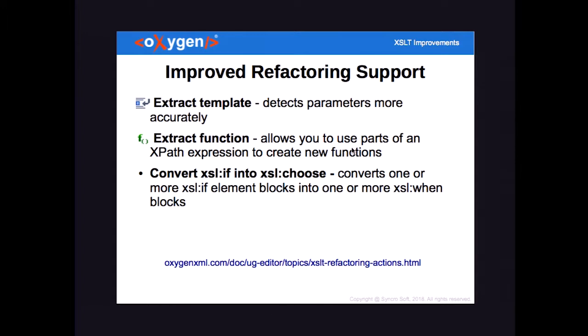We also improved the refactoring support, so now you can extract, for example, functions directly from an XPath expression. If you want to make a quick refactoring and reuse some content from an XPath expression, you can also use the support to extract template, which we improved to better detect the parameters from the context and provide them in the call template.